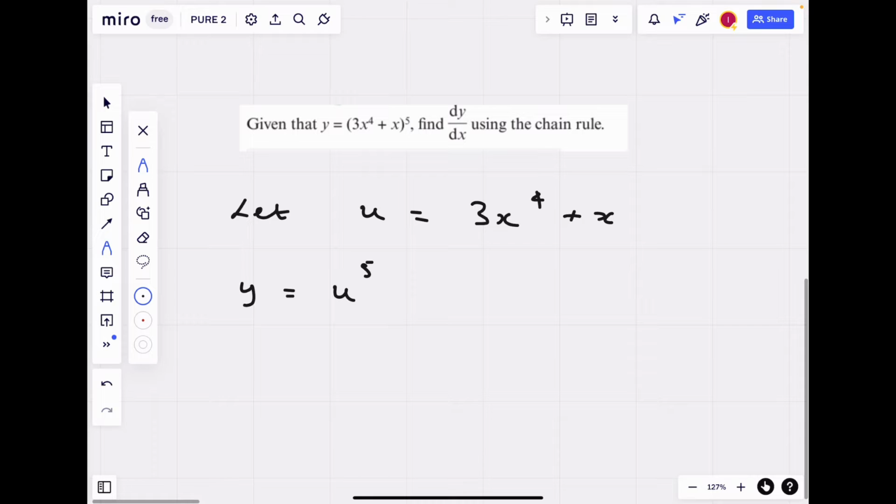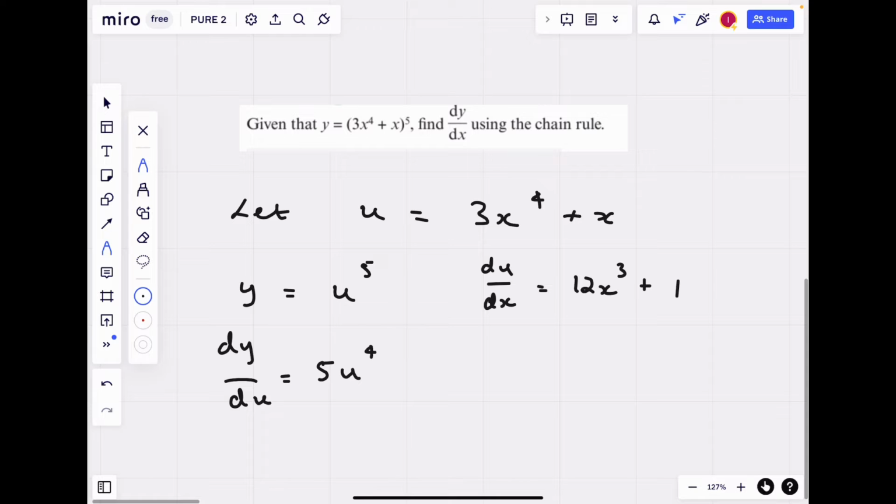And now we're going to differentiate two separate things. We're going to work out dy by du, so 5u to the power 4, and du by dx, 12x cubed plus 1. Okay?